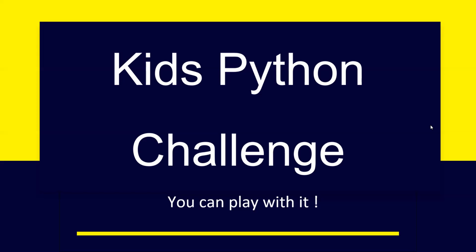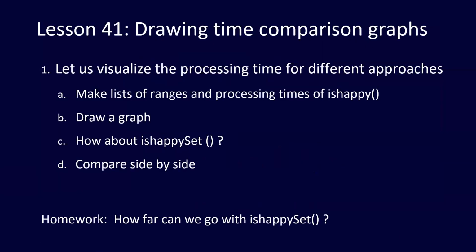Okay, so let's continue from where we were last time. So what were we doing? Last time we did the check. We wanted to find the happy numbers and the happy rate, and we went all the way up to say 10,000 or 100,000.